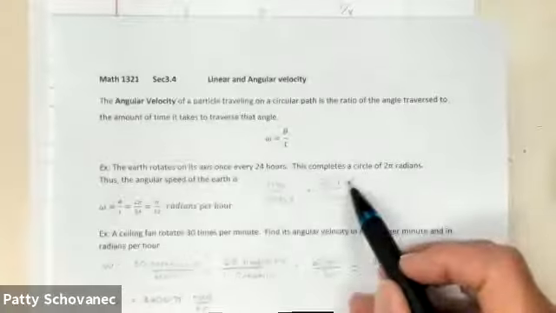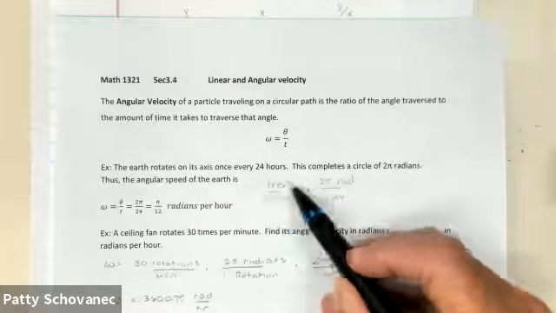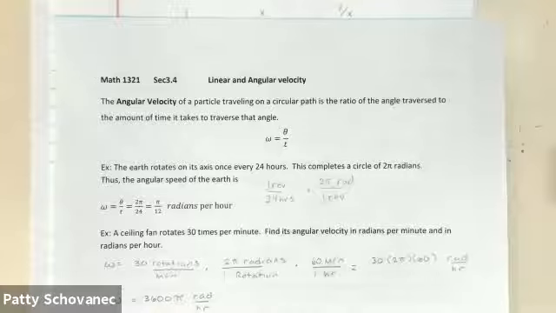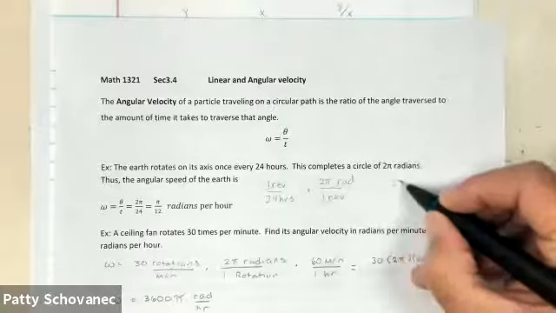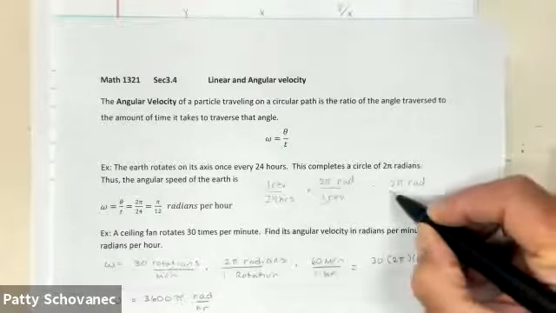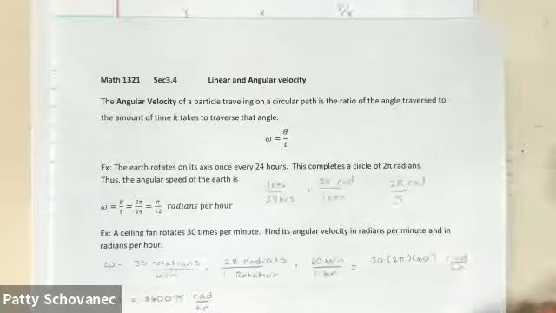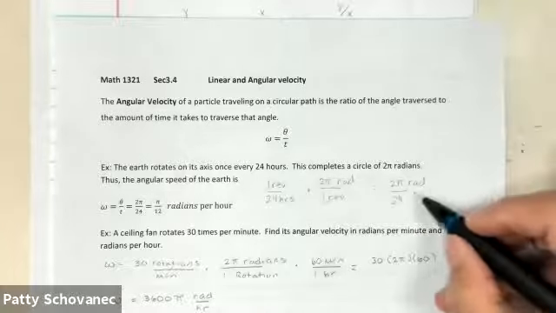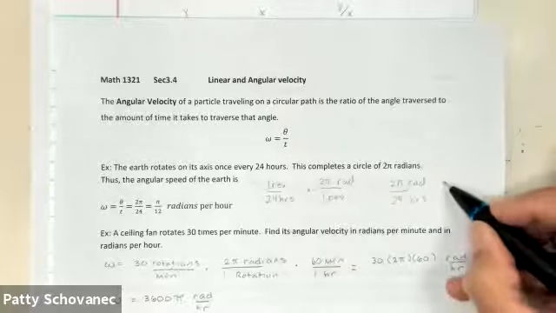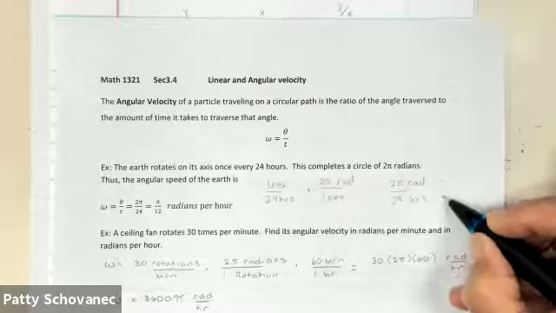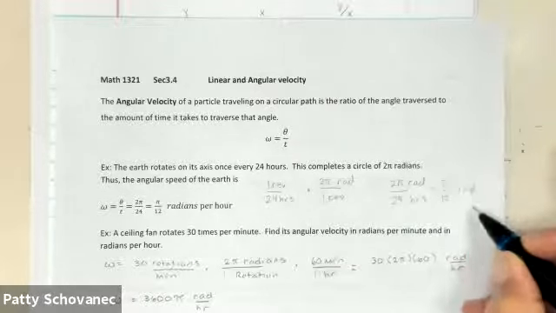And so if I want radians per hour, I just multiply by this conversion factor, and that gives me 2 pi radians per 24 hours. Now simplify that, and it gives you pi over 12 radians per hour.